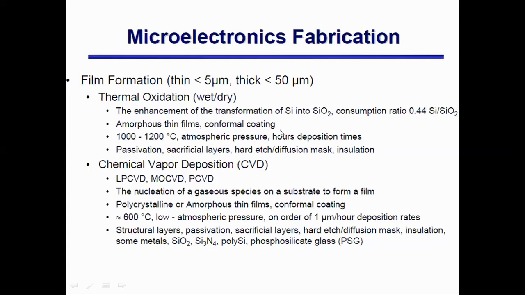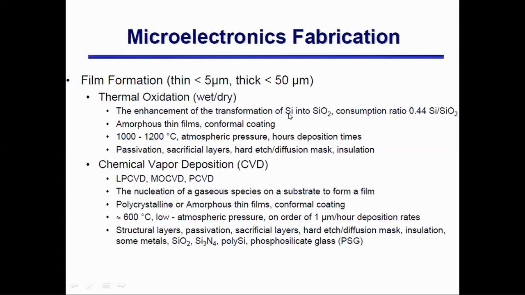Okay, so normally how do we make a thin film on top of the silicon wafer, and if we want this thin film to be silicon dioxide, we have to heat the silicon wafer inside the furnace in the presence of oxygen.